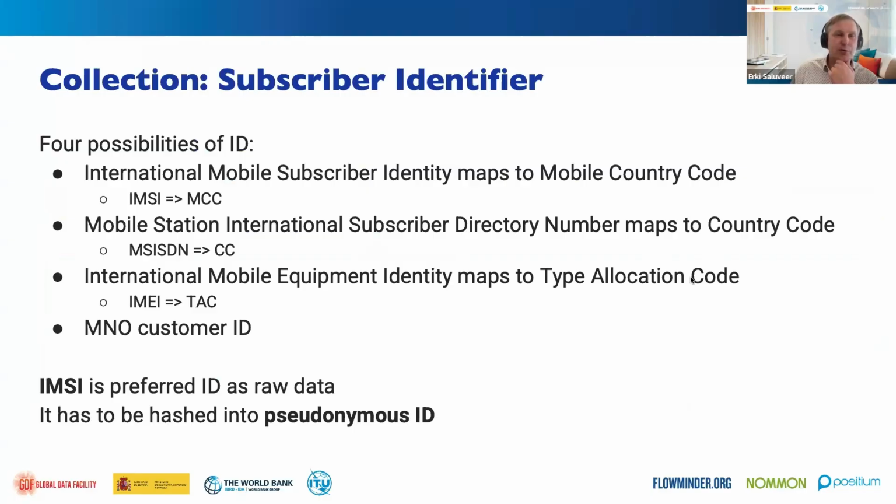This is the mobile country code, which usually reveals their country of origin. When talking about the subscriber identity, there are different ways you could extract it from the data. Mainly in mobile phone data projects, the international mobile subscriber identity is used, which is IMSI. This is the most common one.